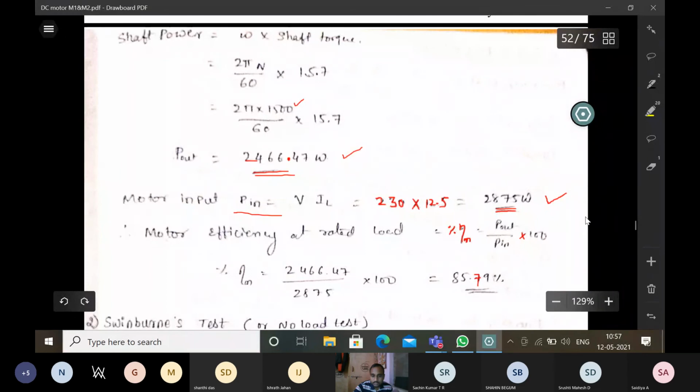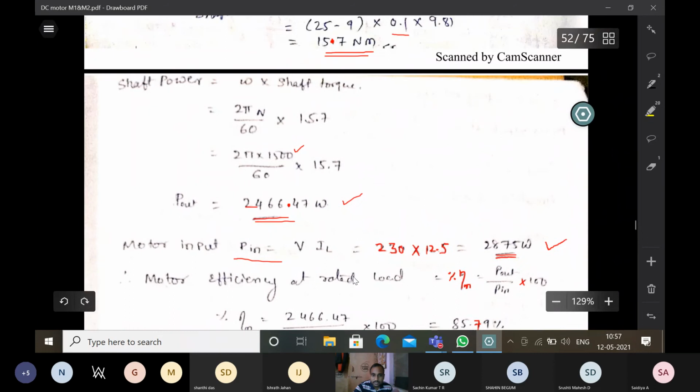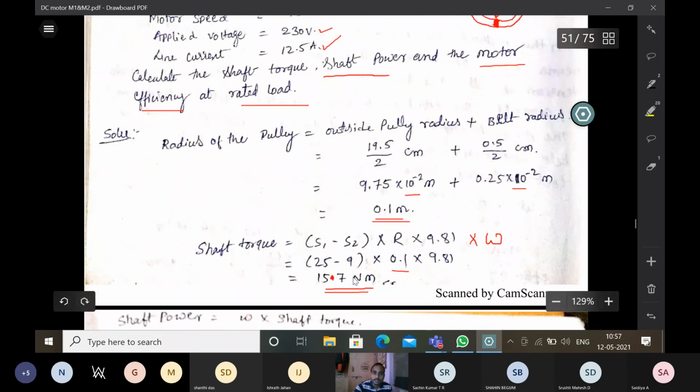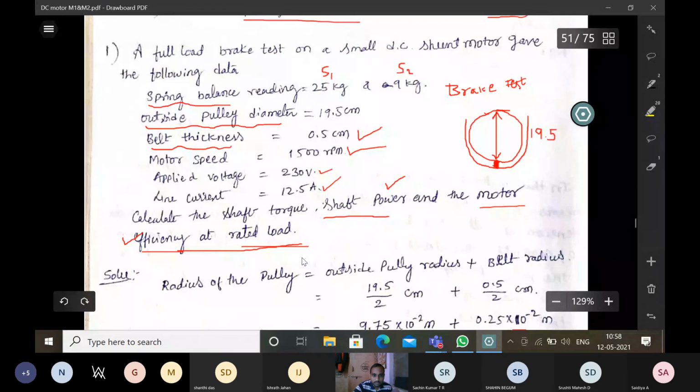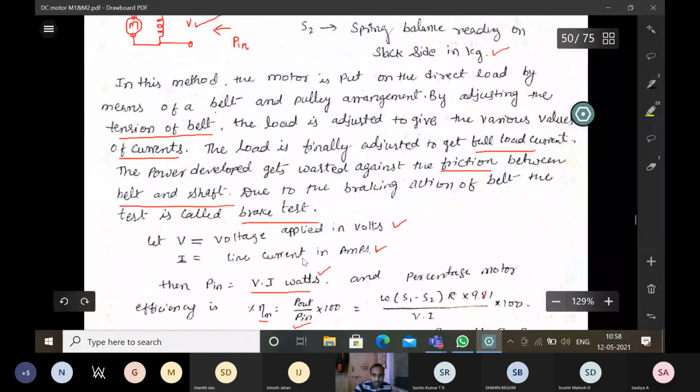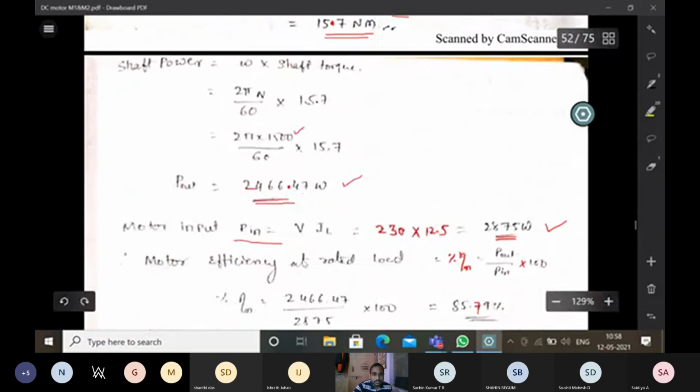So 2466 output by input 2875, this is the answer: motor efficiency at rated load. Shaft power and efficiency are to be calculated, so this is the problem.